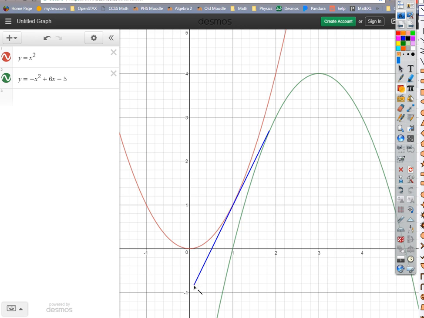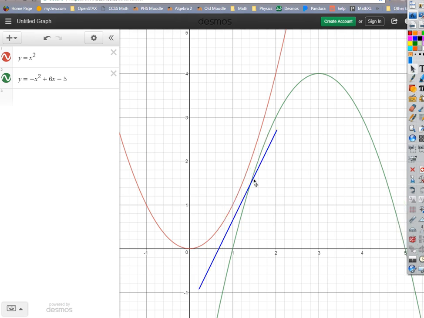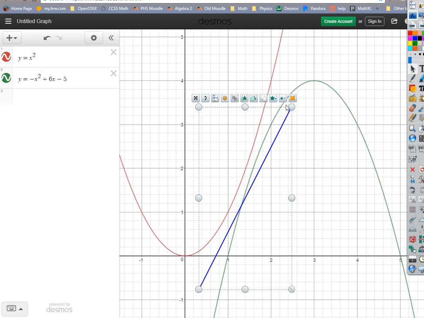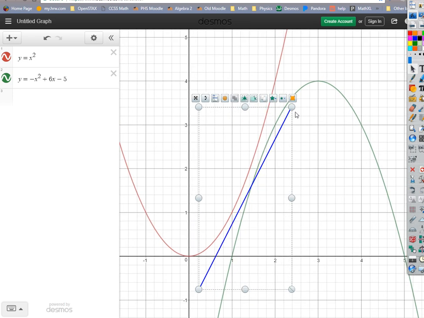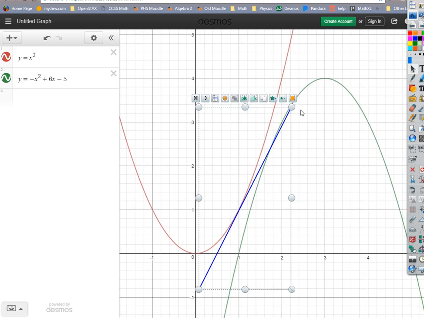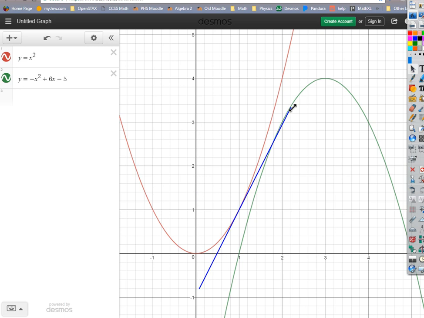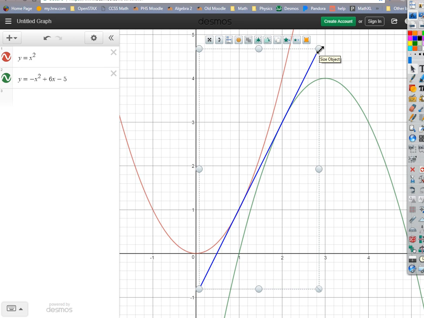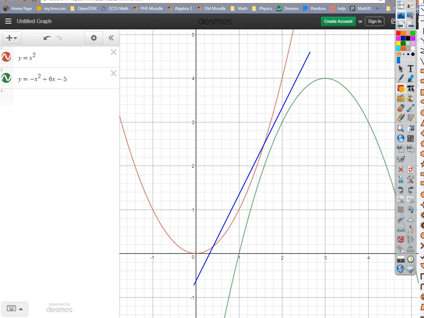Does that make sense? So there's kind of one, right? And maybe here's another. Oh, that moved. That moved the wrong way.